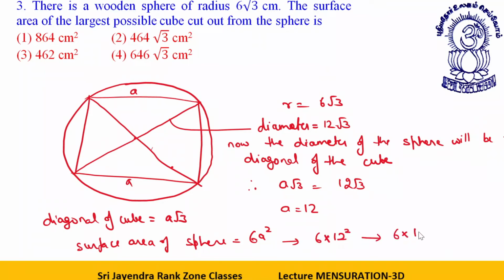This I get 6 into 144. 6 into 144 is 864 cm square, which is option number 1, the answer. You can have a look over it if you want. Next one.